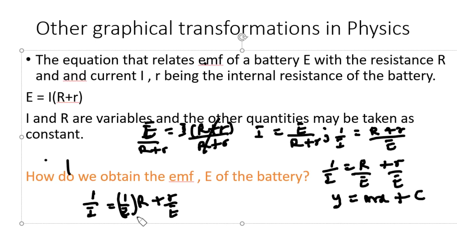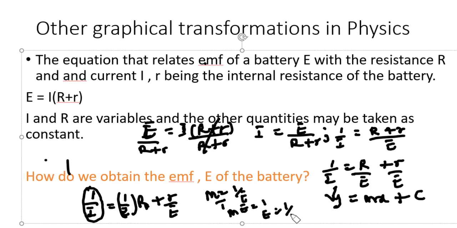So once we plot graph of inverse of the current on the vertical axis against the resistance, we find the EMF of the cell. The slope will give us the EMF. So what we do now is that M times E equals what? 1. So E equals 1 upon what?